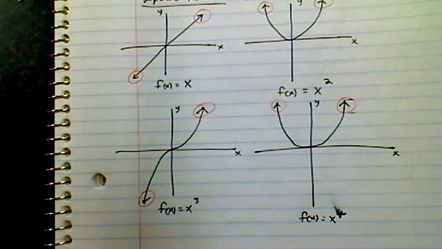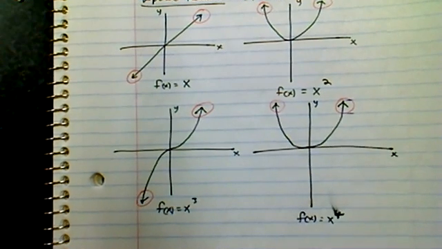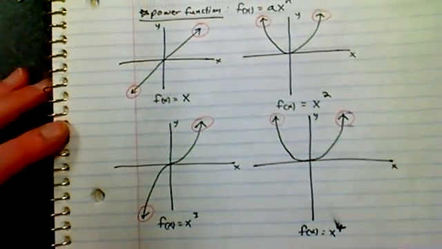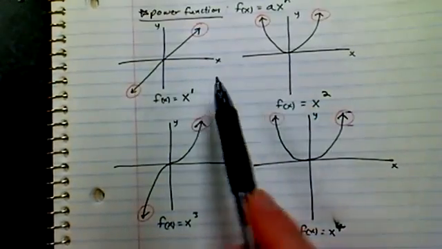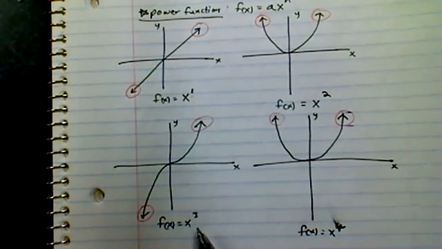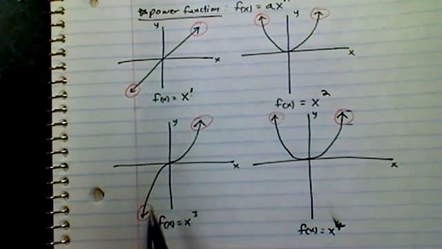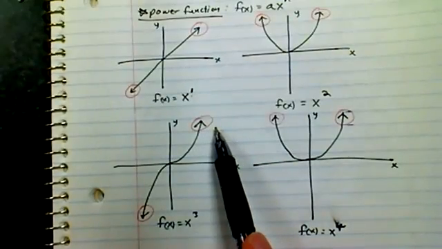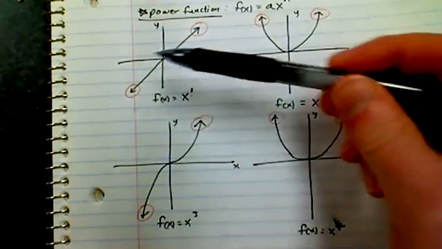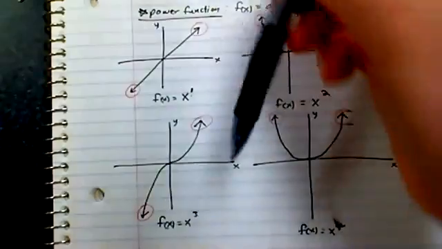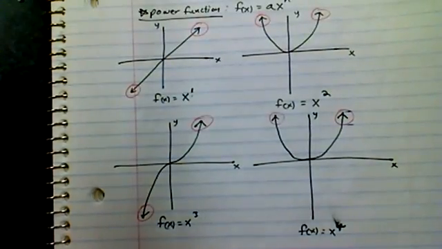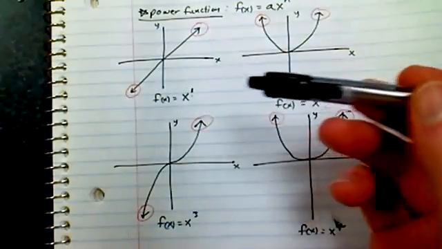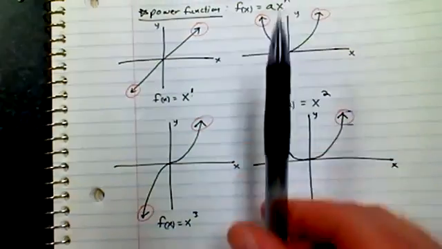Now, the thing I want you to notice here is that this first one, f of x equals x to the first power, whenever it's to an odd power, like x to the 1 or x cubed, it starts low and it ends high. You could say as x approaches negative infinity, f of x, the function value, approaches negative infinity, and as x approaches infinity, f of x approaches positive infinity.